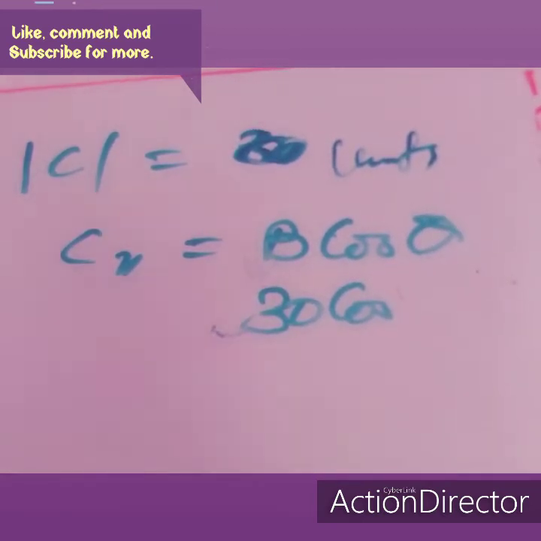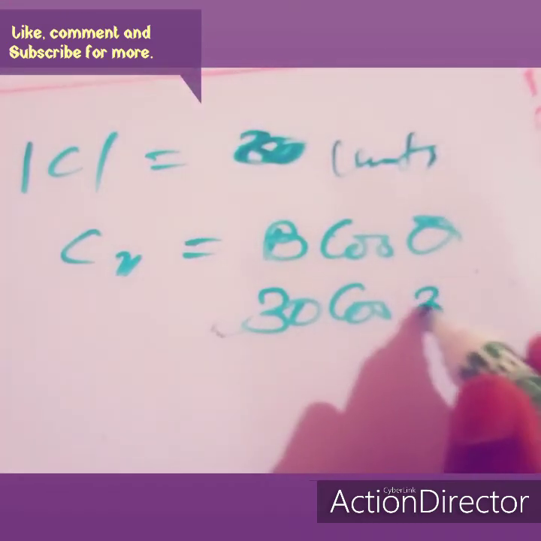So if we punch on our calculator, 360 minus 45, that is giving us 315. So we use 315.